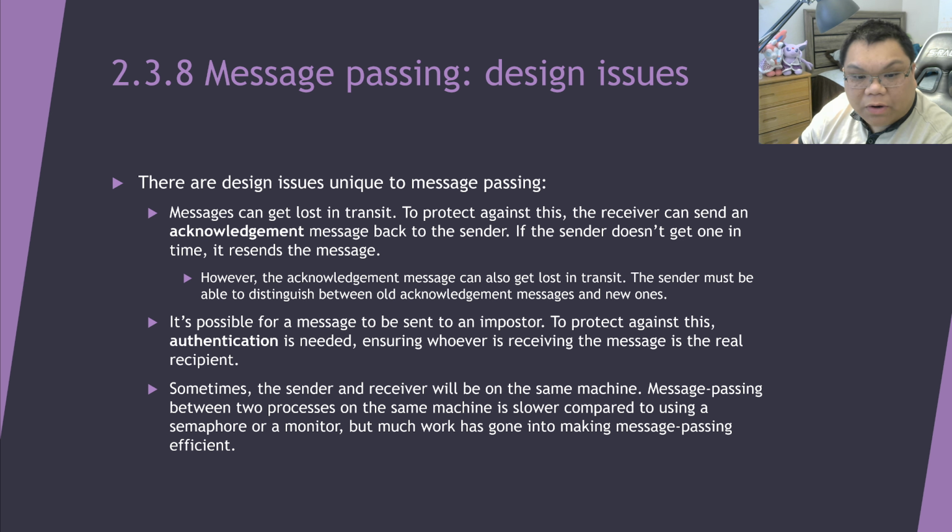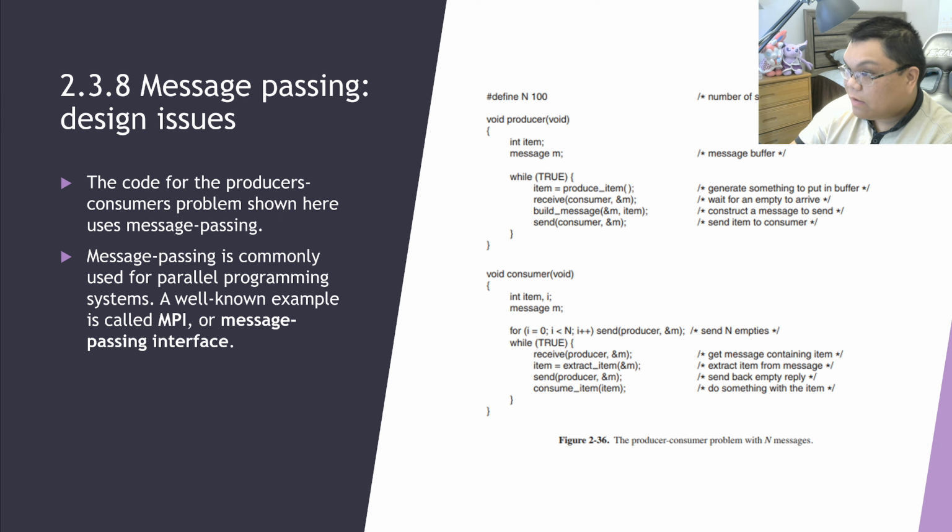However, a lot of work has gone into making message passing efficient. If we have the producers-consumers problem set up for message passing, the code might look something like this. We use message passing for parallel programming systems, and one of them is called MPI, simply called Message Passing Interface.